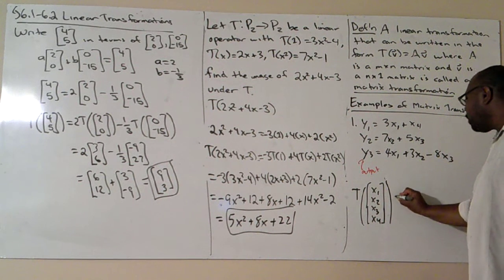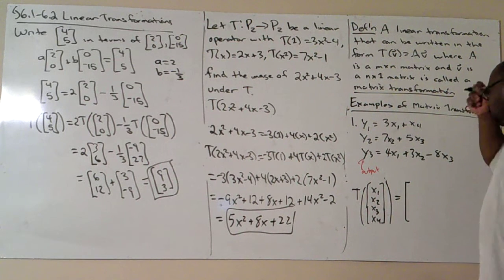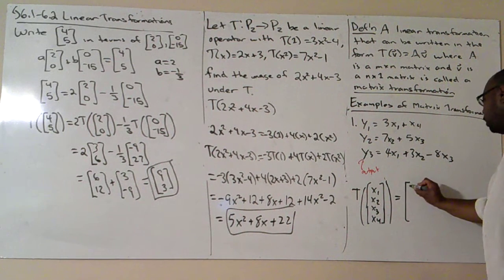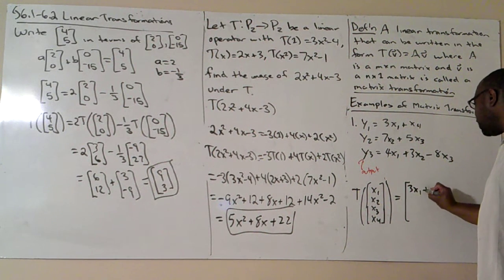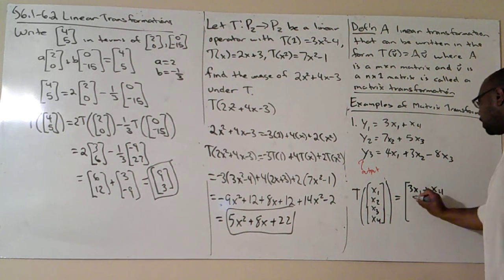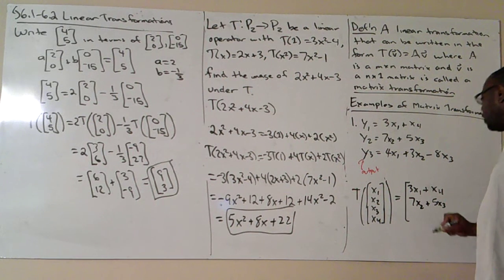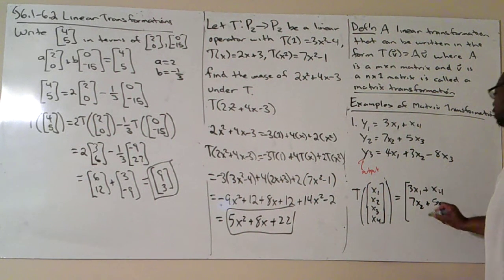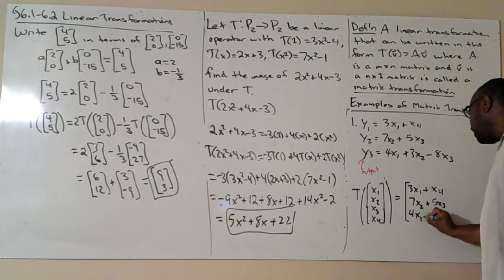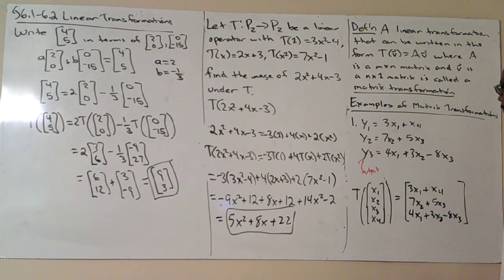Right, and I'm going to get 3 rows for my output. y1 is going to be equal to 3x1 plus x4, y2 is equal to 7x2 plus 5x3, and y3 is equal to 4x1 plus 3x2 minus 8x3.